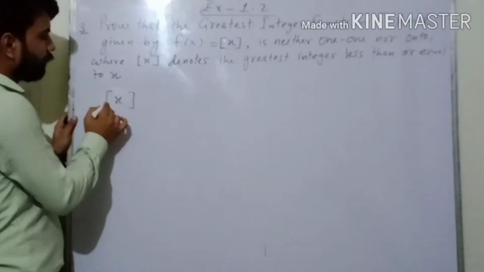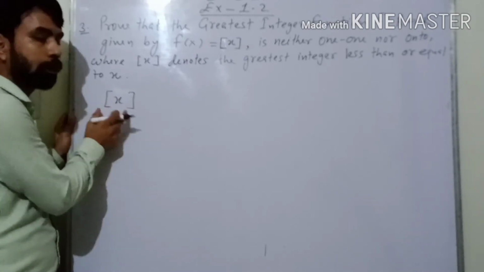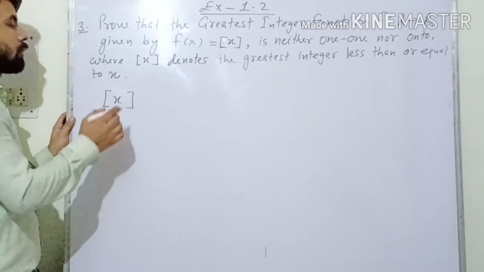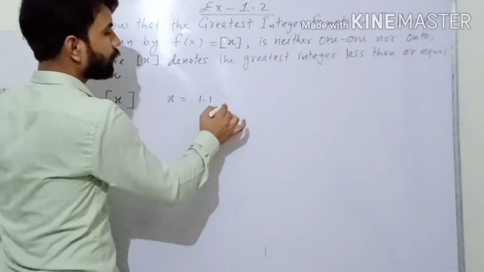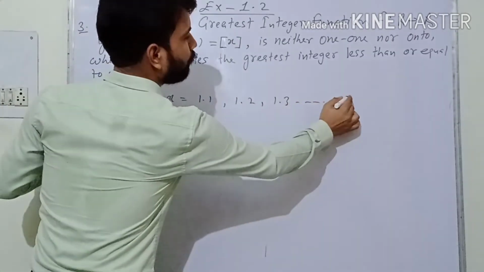Greatest integer function of x is always written in a closed interval, a square bracket. Suppose x equals 1.1, 1.2, 1.3 and so on up to 1.9.